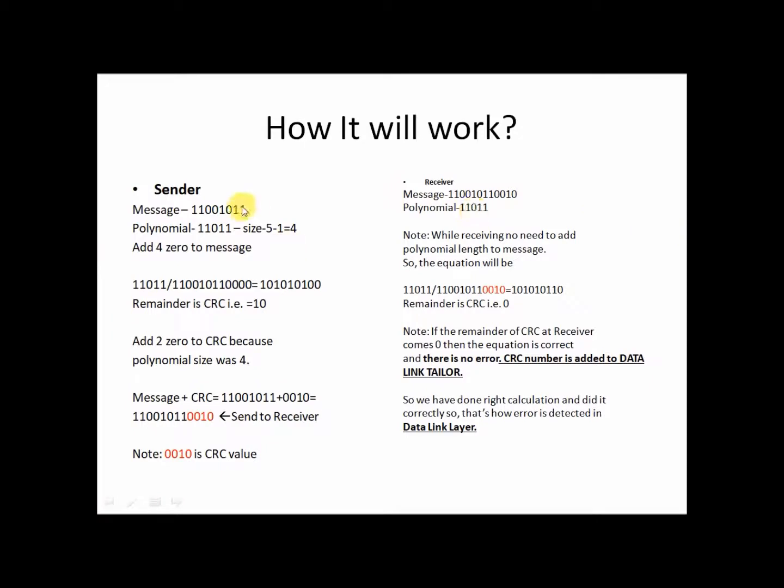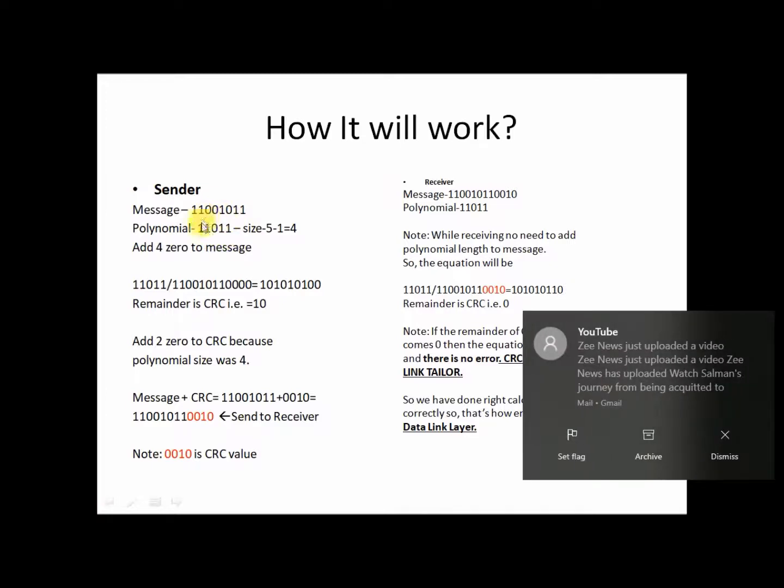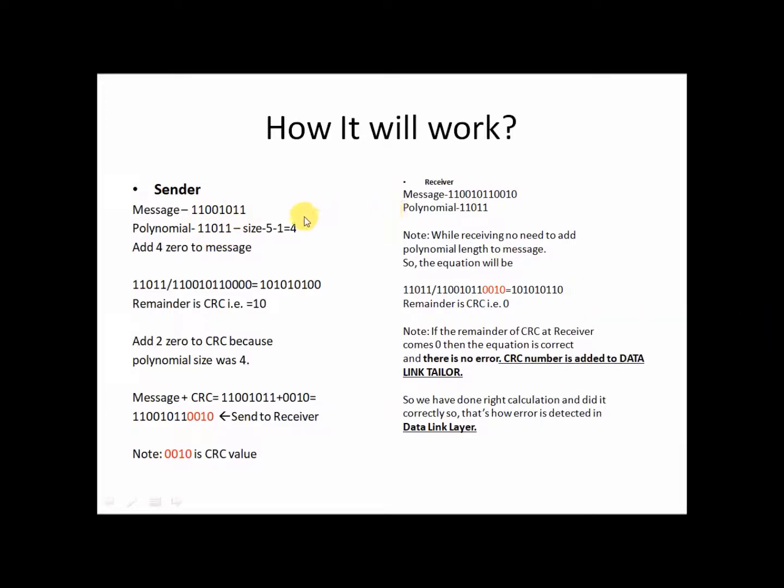Suppose this is a message that has to be transferred. Just think from the sender's side, not the receiver's right now. This is a polynomial. You can see the size of this polynomial is 5 bits. Subtracting 1 from 5 gives 4.